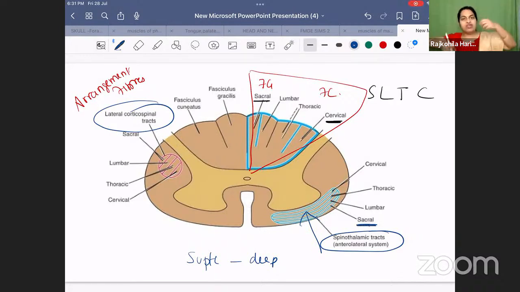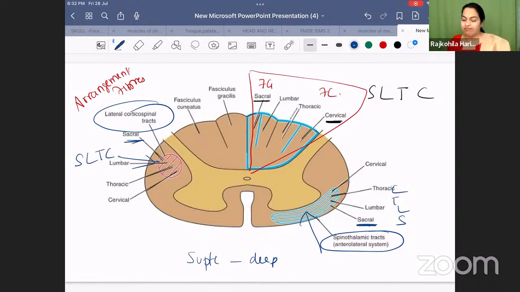So the patient will have features in the lower limb. The arrangement of fibers in the spinothalamic tract from superficial to deep will be sacral, lumbar, thoracic, and cervical. It's somewhat similar for the corticospinal also. A knife on the superficial aspect will injure the sacral fibers. Sacral, lumbar, thoracic, and cervical.